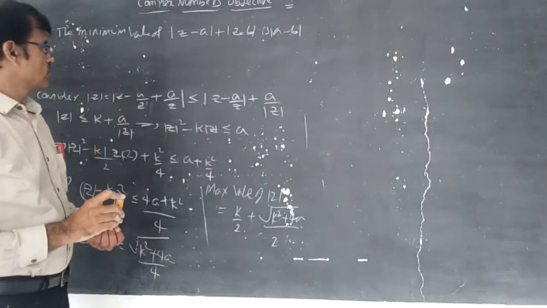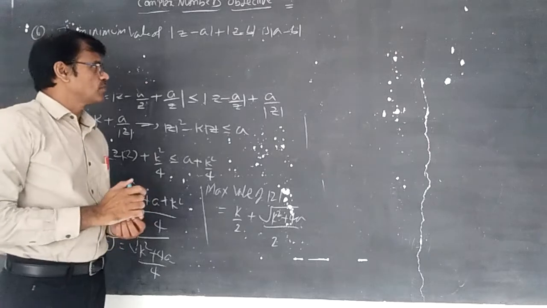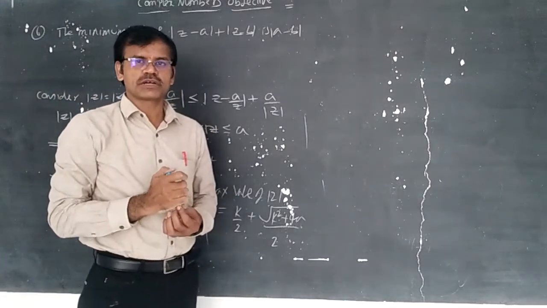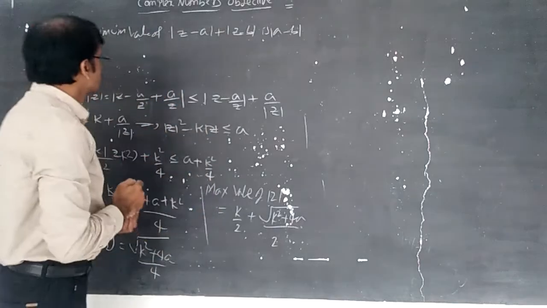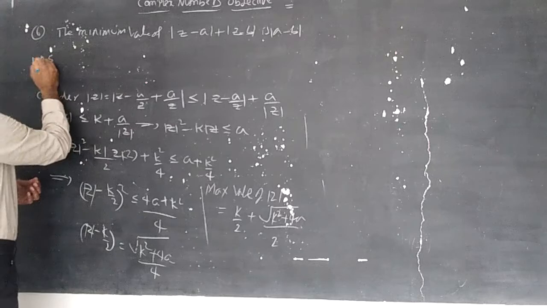This is the theorem, which depends upon the ellipse PA plus PB equal to a constant. So the minimum value a minus b, I think you have learnt in the locus chapter in first year. Next, depending upon this, let us discuss worked examples.